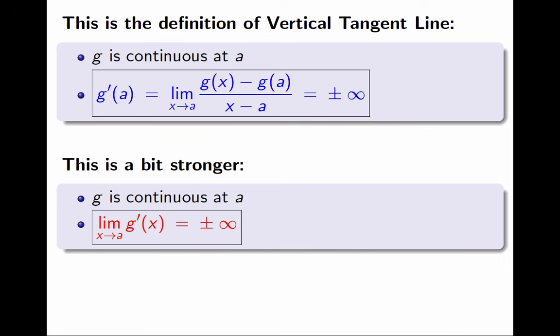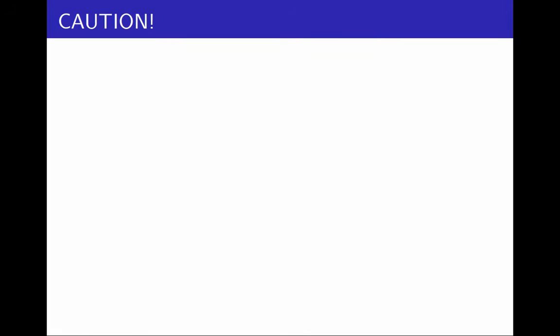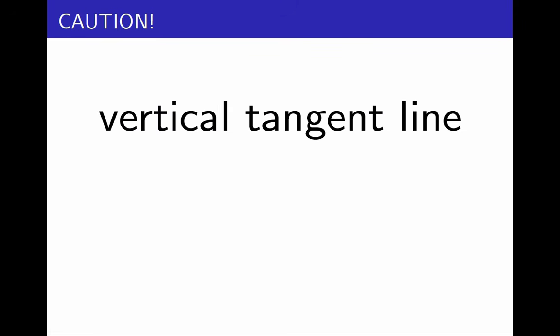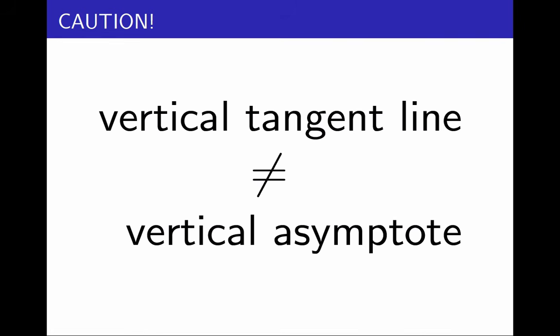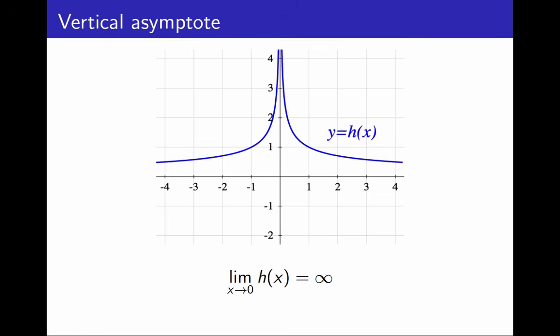Alright, that was probably a longer explanation than you care for, so I will just finish with a quick word of caution. A vertical tangent line is not the same as a vertical asymptote. I do not know where this error comes from, but I have seen it often in students' papers. In this graph, the function h has the vertical asymptote x equals 0.